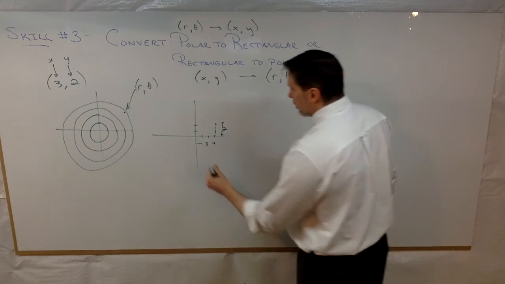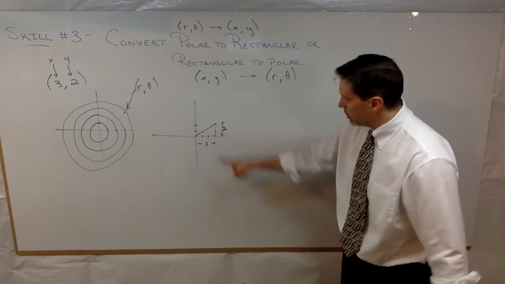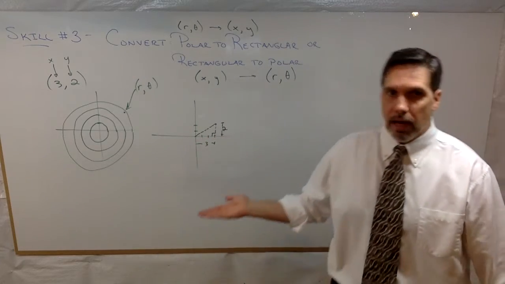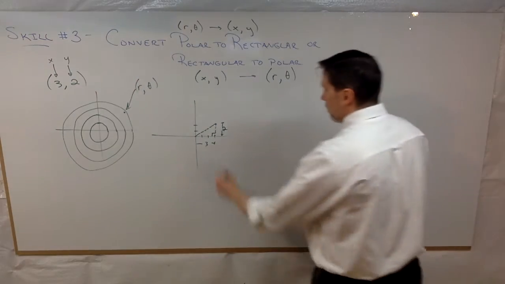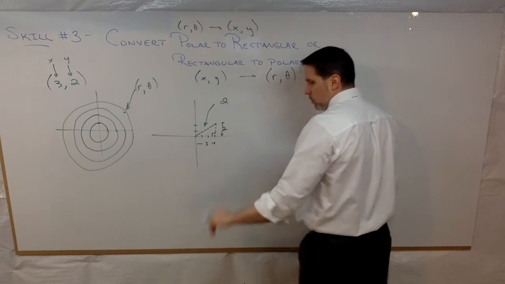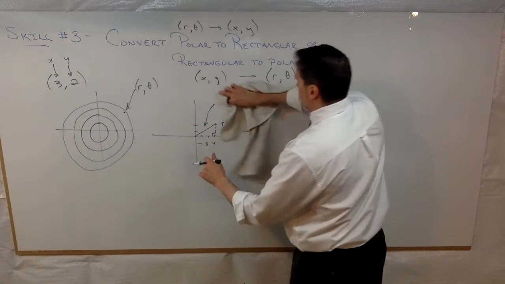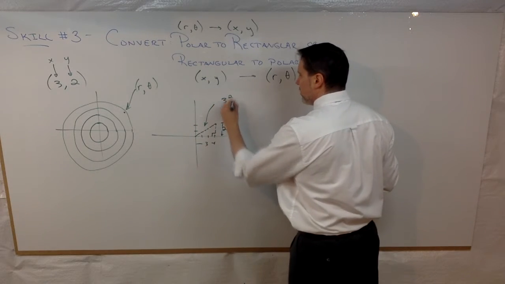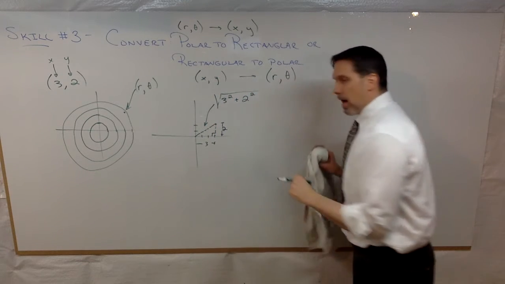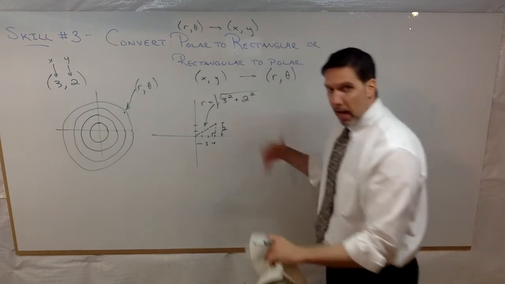Well, what is r? R would be the circle you're on, the radius of the circle you're on, or, in other words, the hypotenuse of that right triangle. So to figure this guy out, it's simply use the Pythagorean theorem. Take your x coordinate, square it, take your y coordinate, square it, take the square root of that, and that should be your r, the hypotenuse.